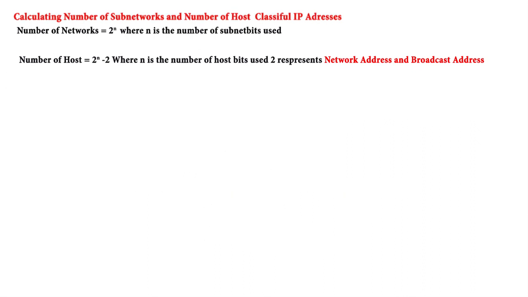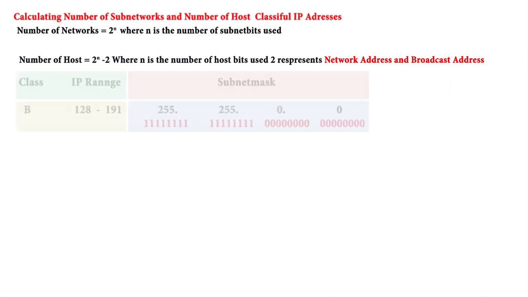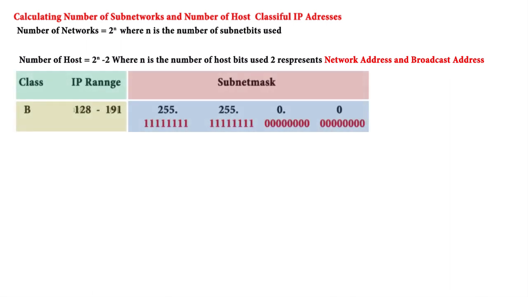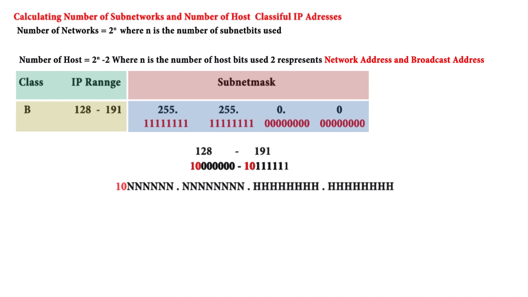And doing the same for the Class B IP address. Class B IP addresses range from 128 to 191, and the default subnet mask is 255.255.0.0. A Class B address has the first 2 bits in the first octet set to 10. We can rewrite the IP format like this, and counting the network bits we have 14.